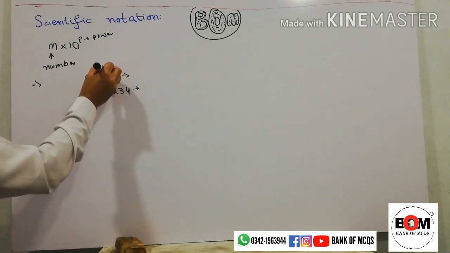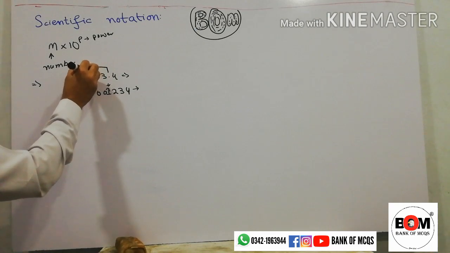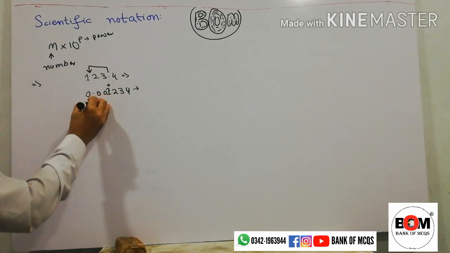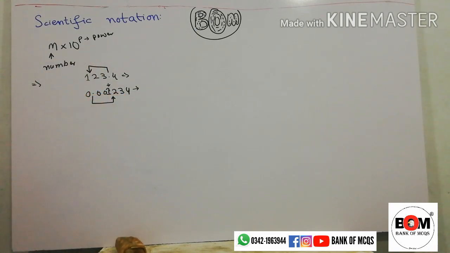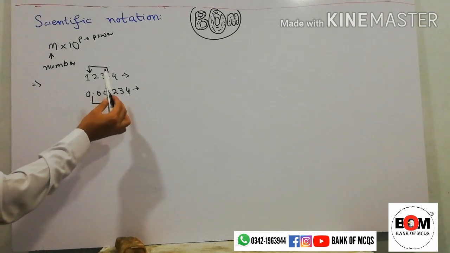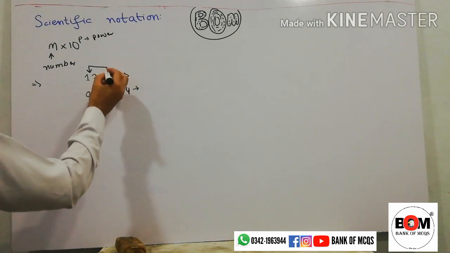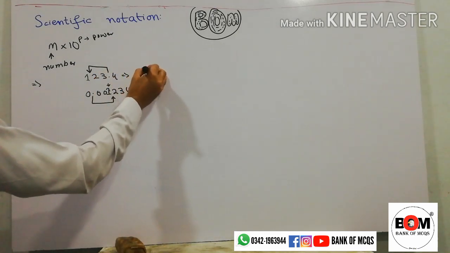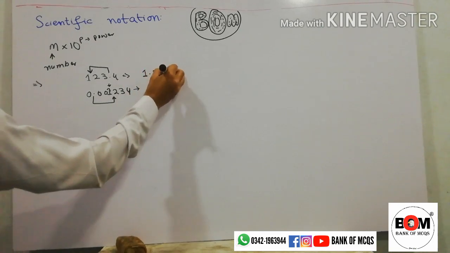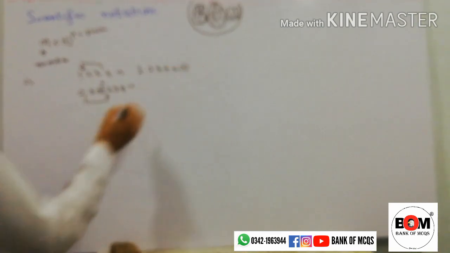So in the first case we will move this point to the right of 1, and in this case again to the right of 1. So the number 123.4 should be written in the form of 1.234 times 10 to the power.